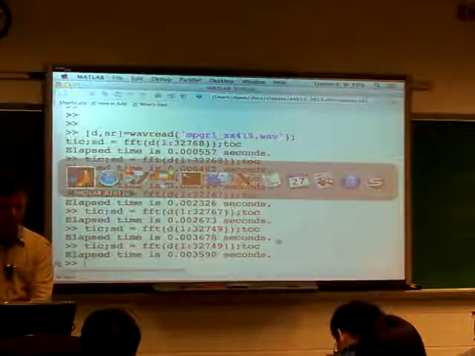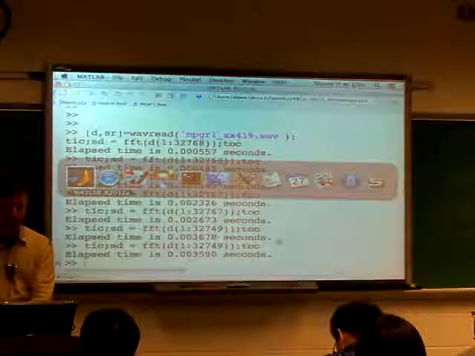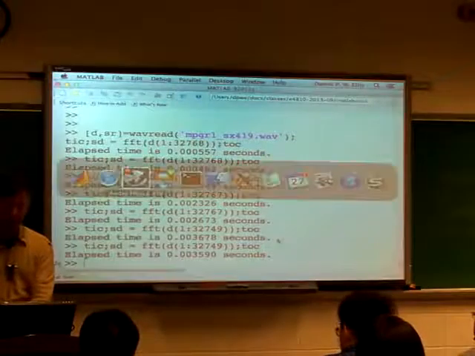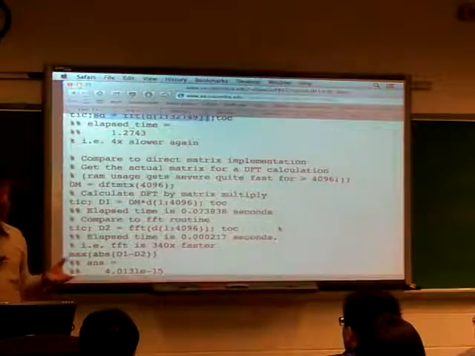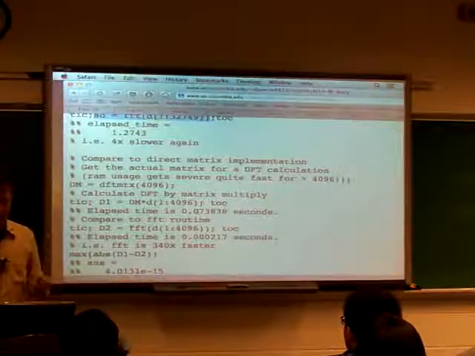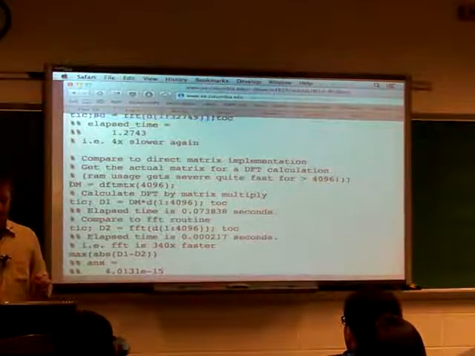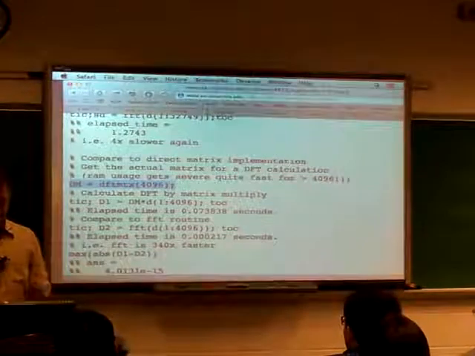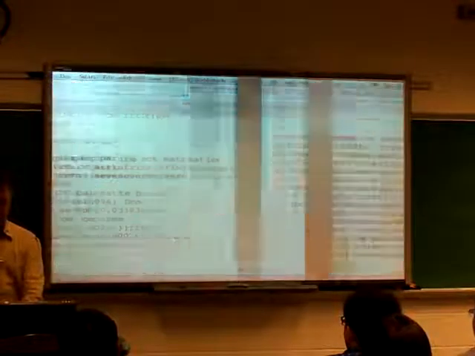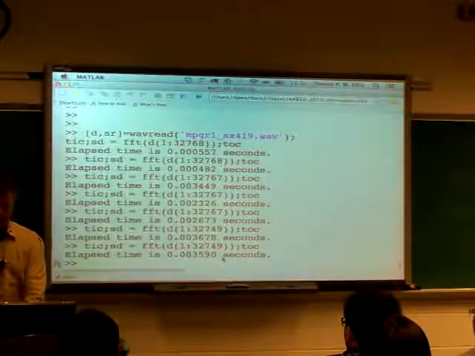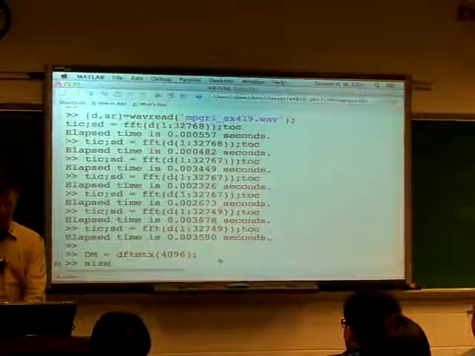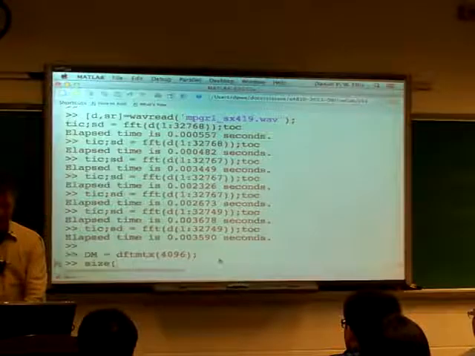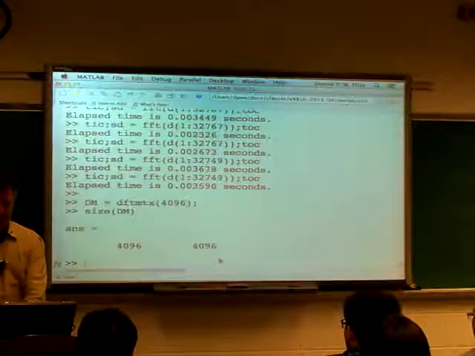Just to make the point that the FFT routine is highly optimized, we can actually do this calculation directly, right? There's a MATLAB command, dftmtx, which calculates the n by n matrix that you'd use to calculate a DFT.